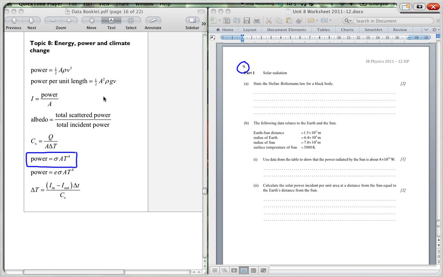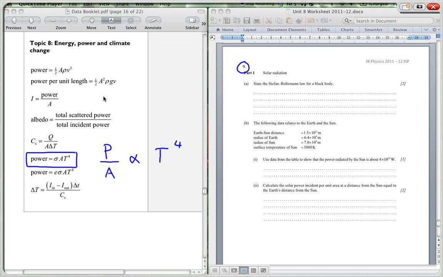And basically what Stefan-Boltzmann said was that the power radiated per unit area is proportional to the fourth power of the absolute temperature, or the temperature in Kelvin. So you need to state that in words.